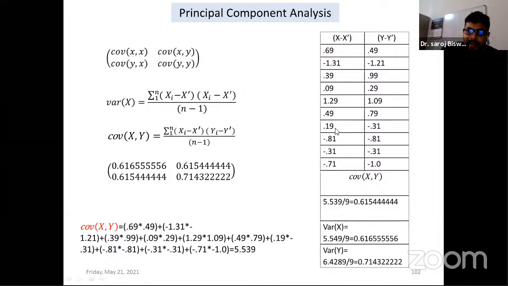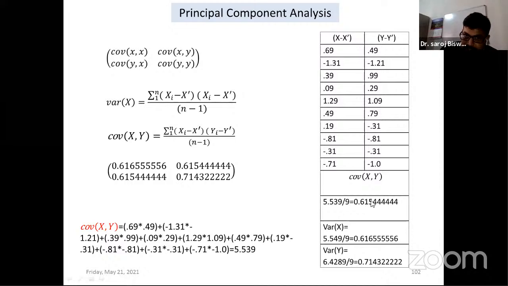So how many observations do we have here? We have 10 observations. So we have done all those things for 10 observations, right? And finally, if we find the value, then it becomes 5.539. And in the equation, we have this one, and this is divided by n minus 1. The value of n in this problem is 10, so 10 minus 1 is 9. Now if we divide this by 9, the value becomes this.